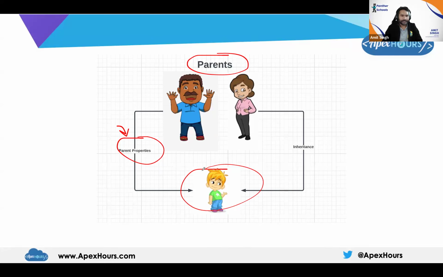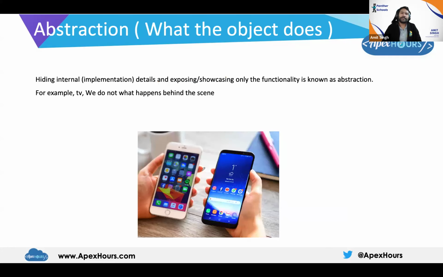Okay. So let's talk about abstraction and focus on the words within the brackets. That is what the object does. We are going to talk about one more phrase in the coming slide, but as of now, focus on this: what the object does.